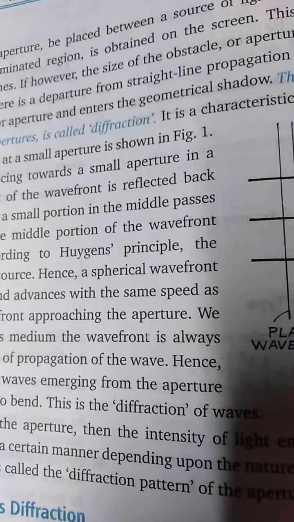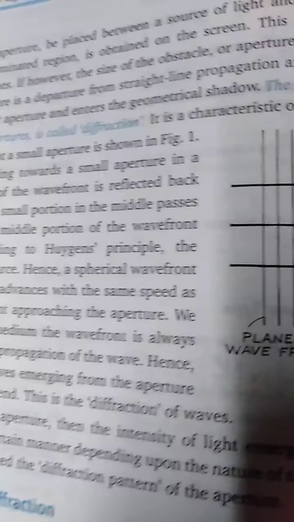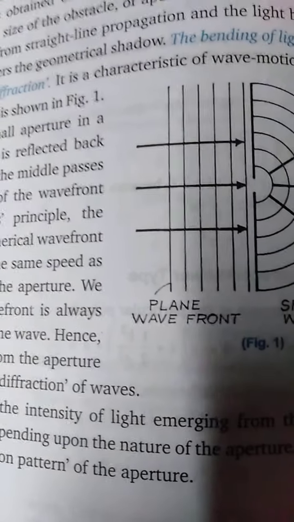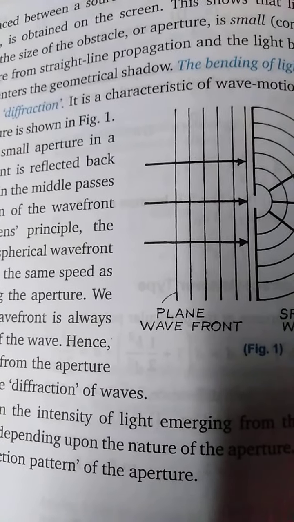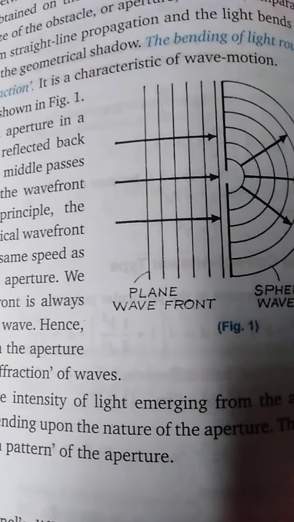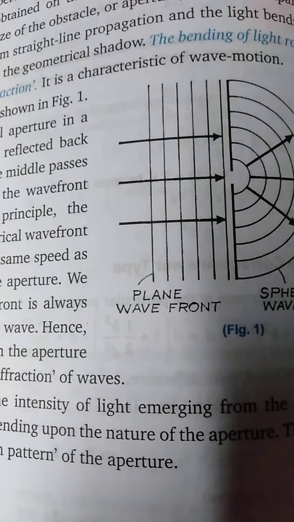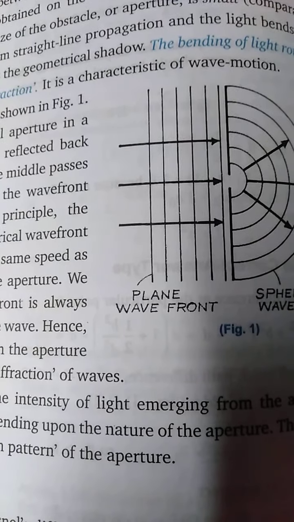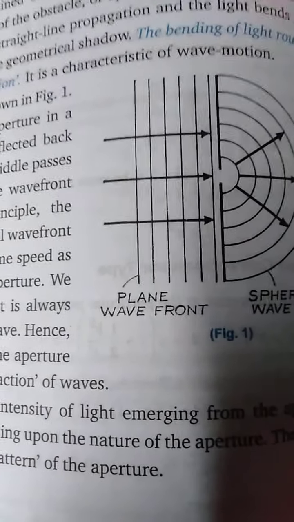If there is an aperture, that is an opening in the path of the light, or any such obstacle whose size is comparable to the wavelength of light, then light does not travel in a straight line, and in the place of shadow we will find some light coming there.